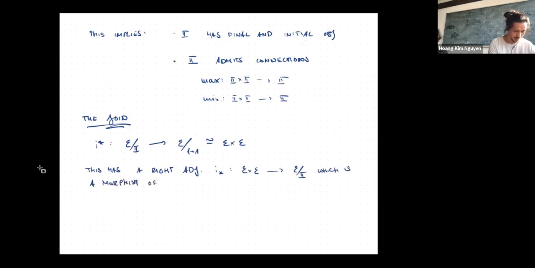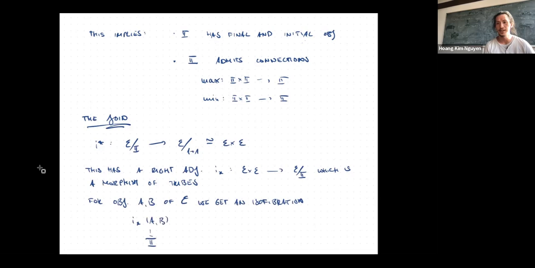So we have a morphism of tribes. So for objects, say A and B of our tribe, we get an isofibration over the interval, and then we define the total space of this as the join of A and B. And it's characterized by the following properties.